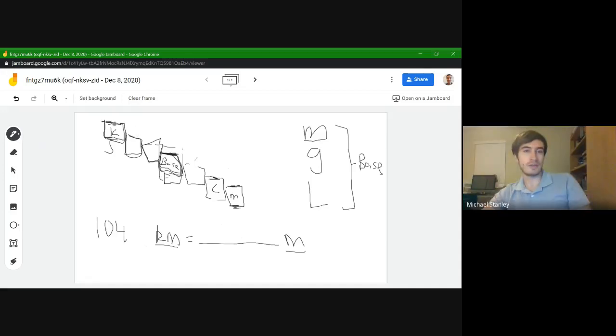Exactly. So we start at kilometers. We go 1, 2, 3 steps to the right. Exactly. So when we start at kilometers and we're going to meters, which is our base unit, we're going 1, 2, 3 steps to the right.